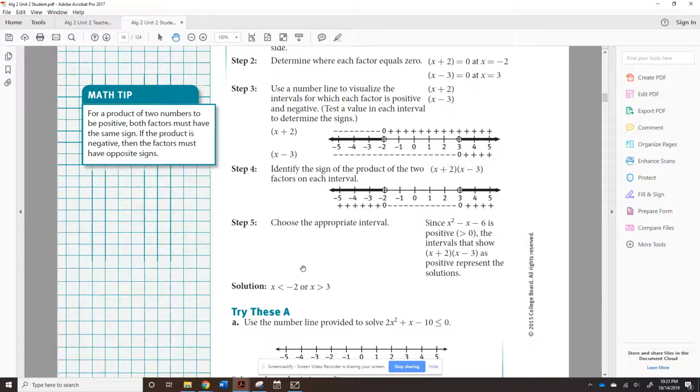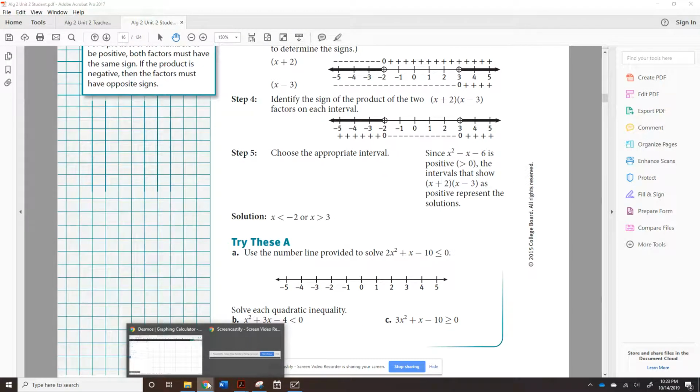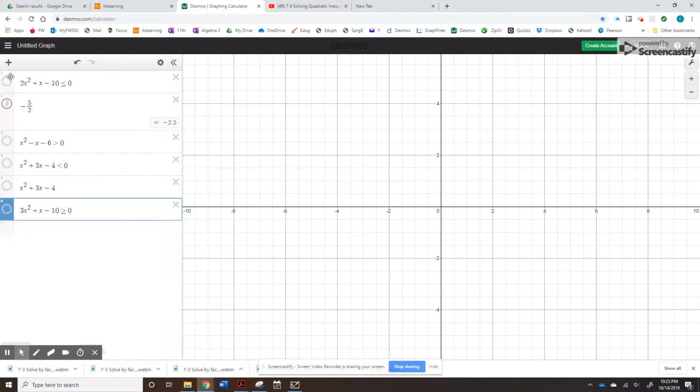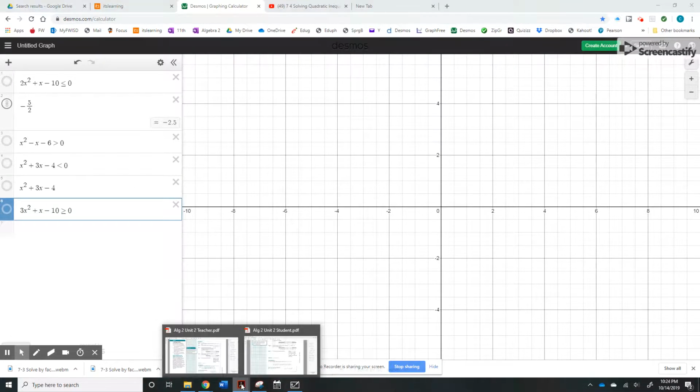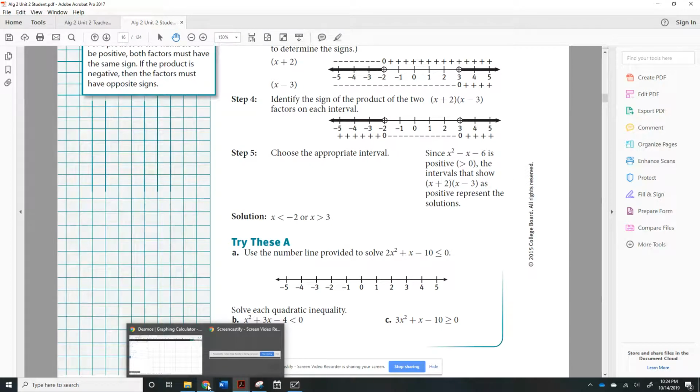So I didn't want to leave you without showing you that Desmos can back you up. So if you'll look on my Desmos screen, I've copied this first problem, 2x squared plus x minus 10. I think that comes from right here, this one. I copied this one down, and we've already worked that problem.